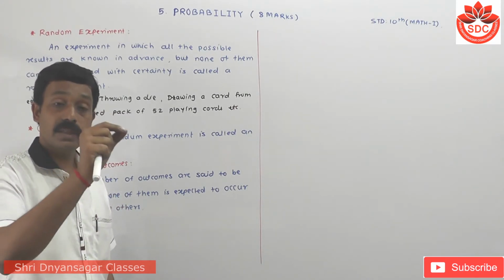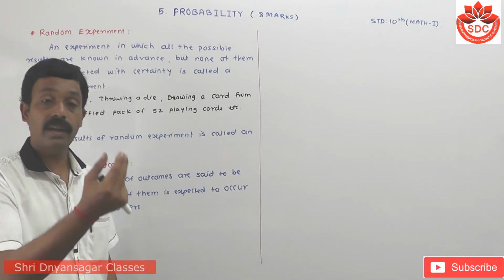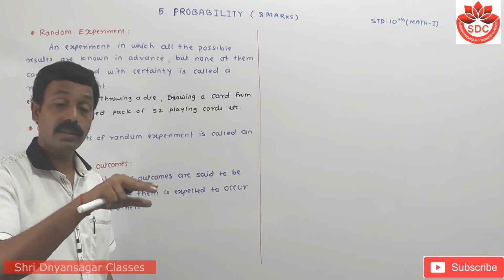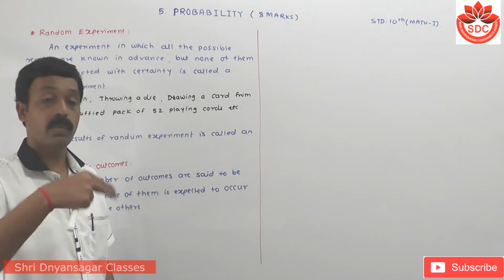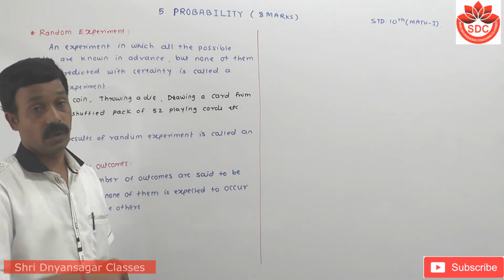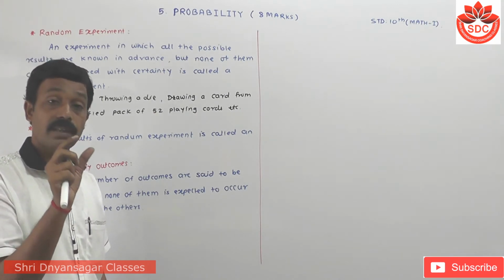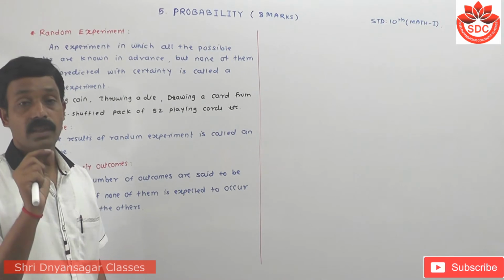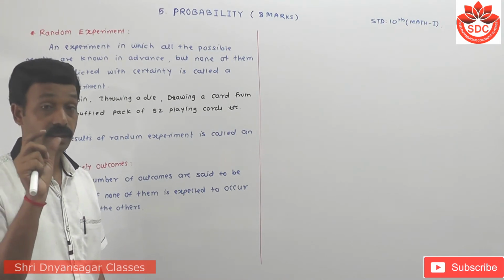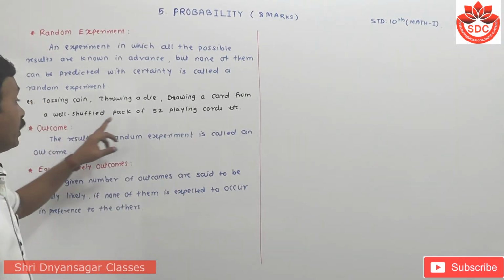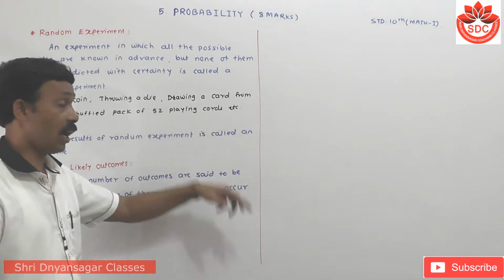If the second face contains 2 dots, then the opposite contains 5 dots. And if a face contains 3 dots, then the opposite face contains 4 dots. This means the sum of opposite faces of the die is 7. Now, drawing a card from a well-shuffled pack of 52 playing cards.